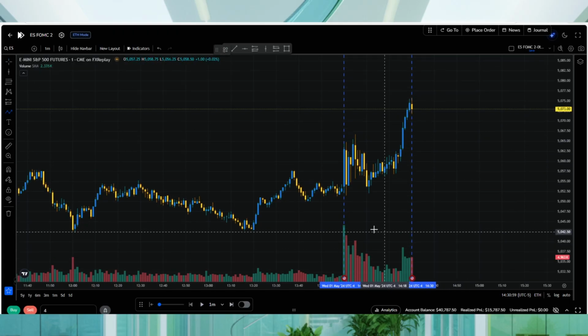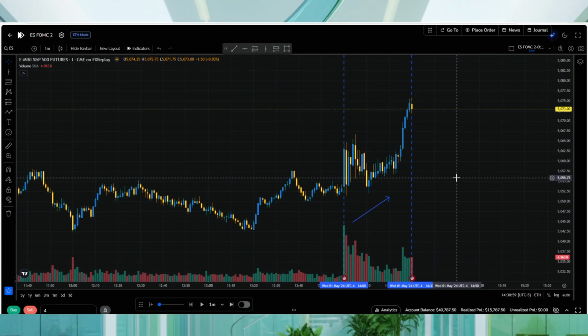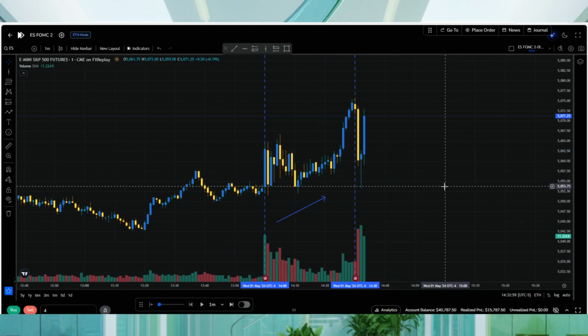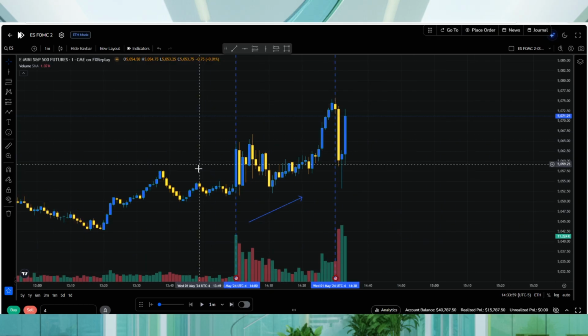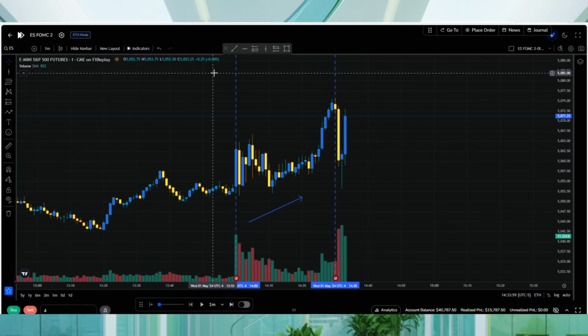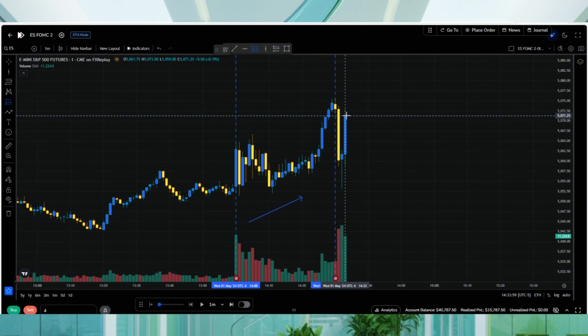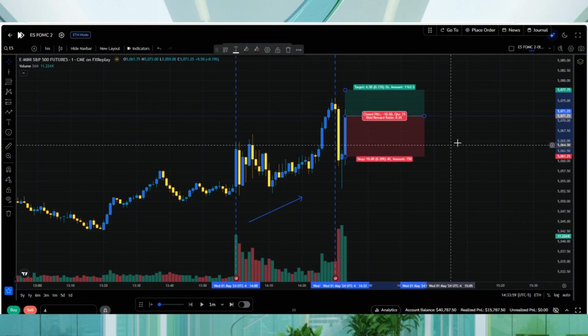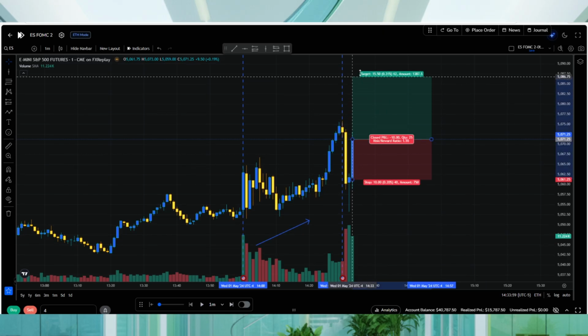All right, again, market's bullish. Higher highs and higher lows. All right, looking for the first entry here. Looking for an entry here.